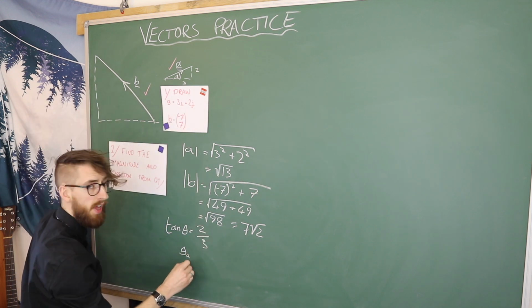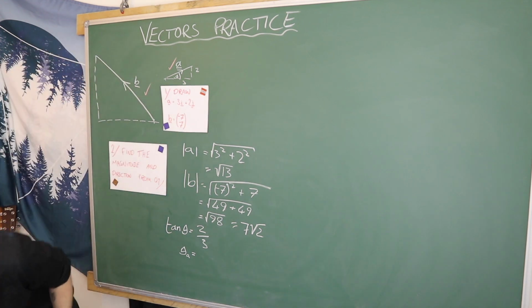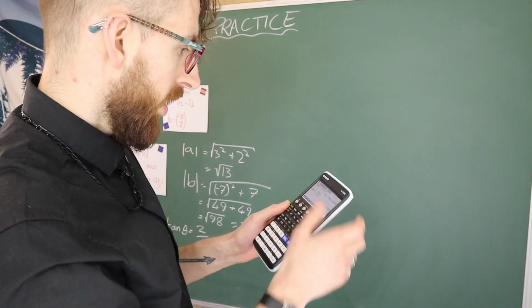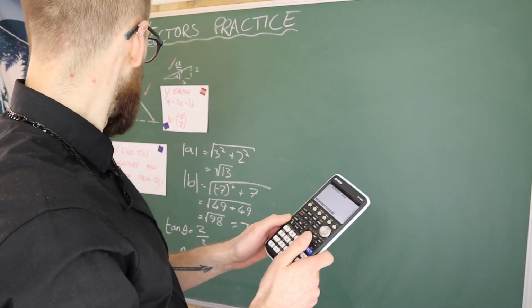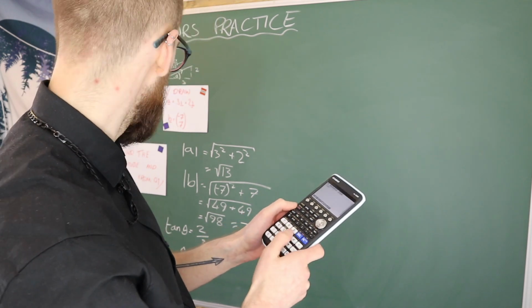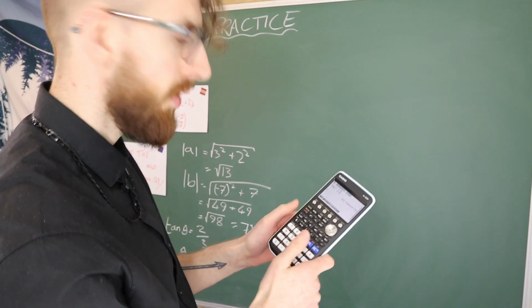So theta of A is equal to, now this is where you need a calculator. Delete all. We're going to be doing shift tan to the -1 of 2/3, which is 33.7 degrees.